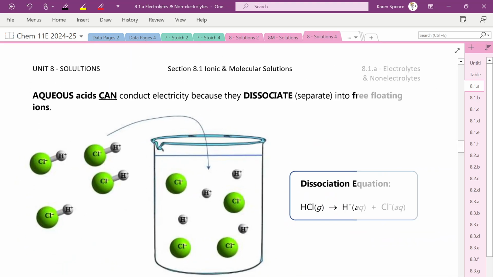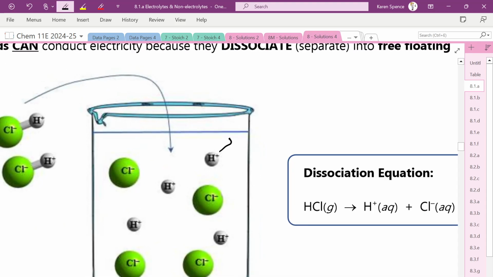Okay, and here we have aqueous acids. And once again, the ions, what do they do? They dissociate.